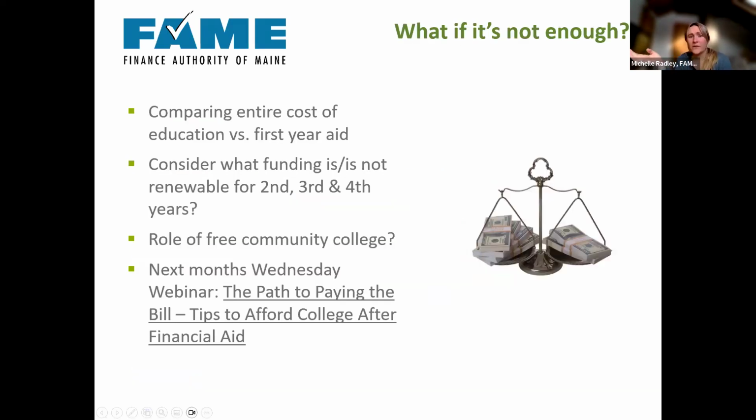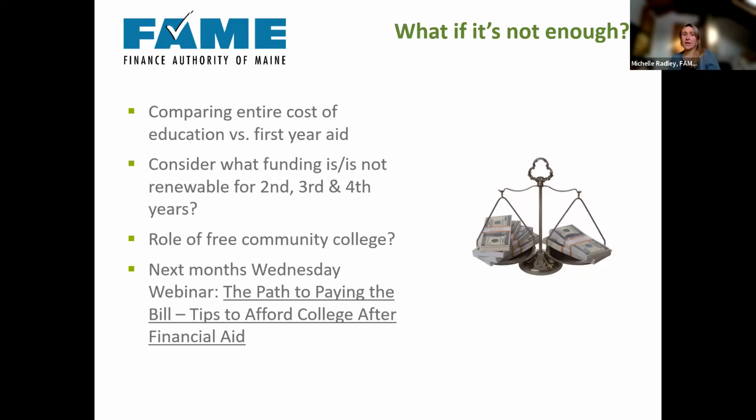And then that brings us to the conversation if all of these different pieces are not enough. When you're comparing offers in particular, I always encourage people to not just look at that 1 year, which is typically the way it's designed to have you look. You want to look at that first year and see how you're going to finance it. Is it affordable? But you also want to look at whether it's sustainable. What's your plan?